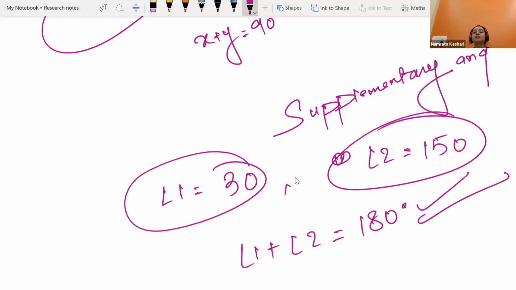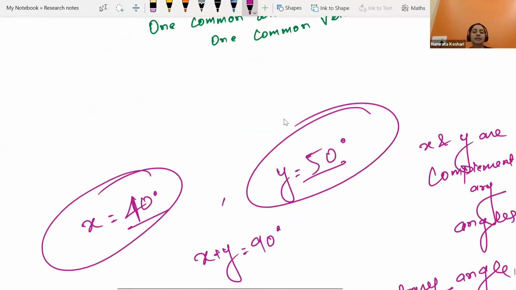Supplementary doesn't mean this has to be 90 and that has to be 90. No, whatever they are, just add them together. If they make 180, then yes, these two are supplementary. Previously, if added together they make 90, whatever they are, both are complementary.